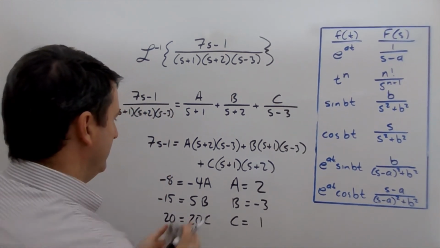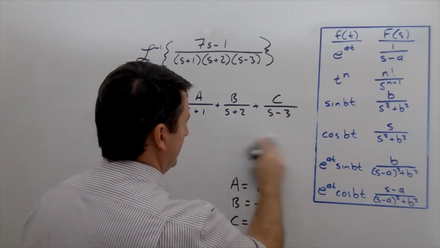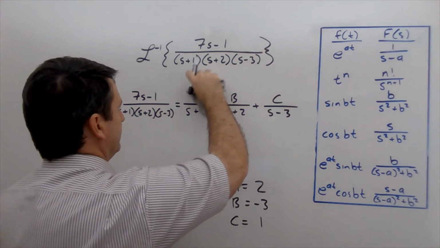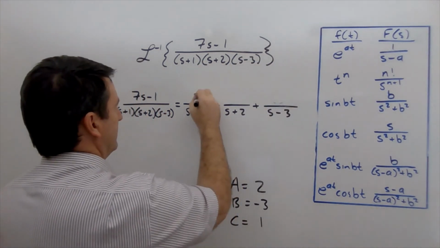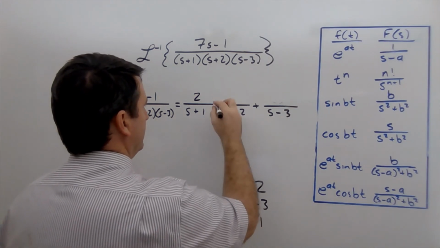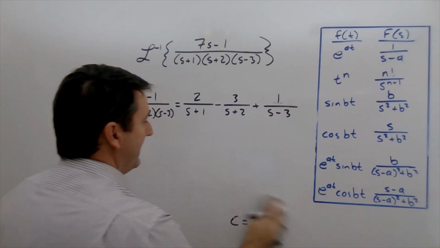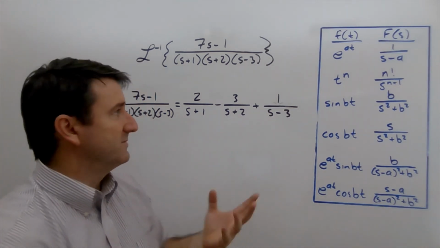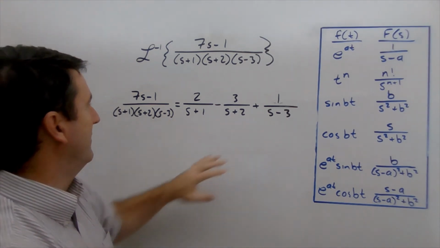Now we can plug in these three constants for our a, b, and c here. And so this is going to be 2, negative 3, and 1.